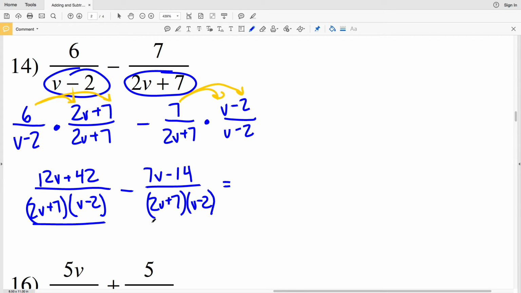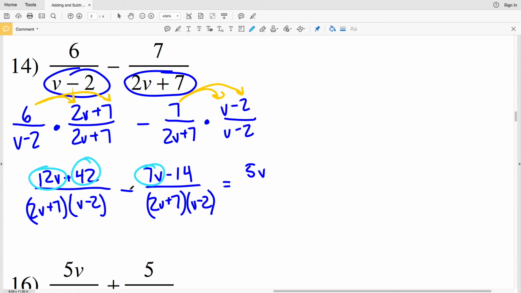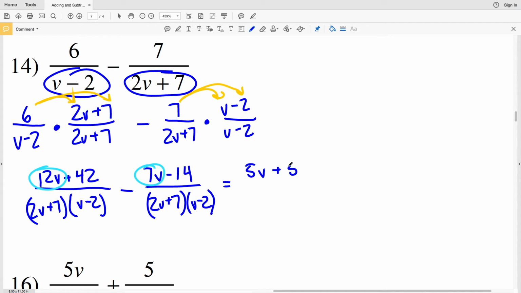Now that I have the same denominator, I'll be able to simplify by subtracting this numerator over that denominator. So I'll have 12v minus 7v, which is 5v, and then I have 42, and I'm subtracting a negative 14, so 42 minus a negative is the same as 42 plus a positive, so that's 42 plus 14, which will be plus 56.